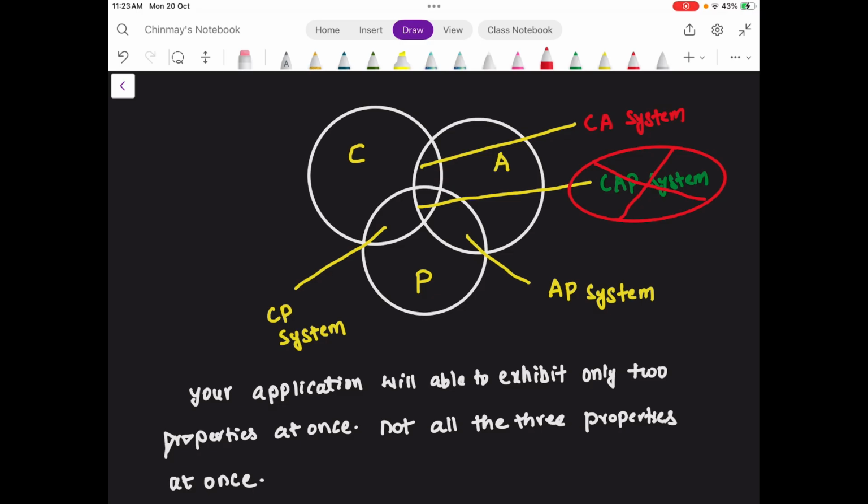Let's discuss in detail what is meant by the CA system, the CP system, and the AP system.